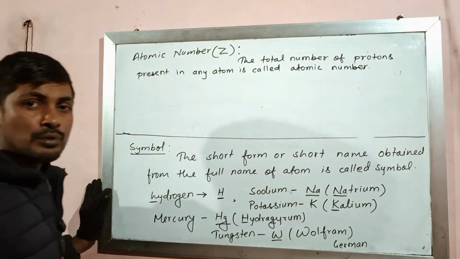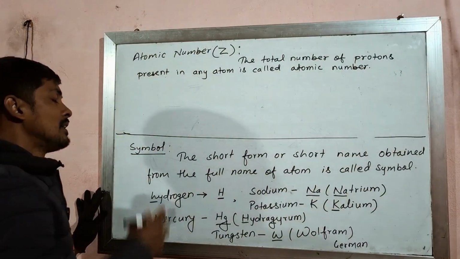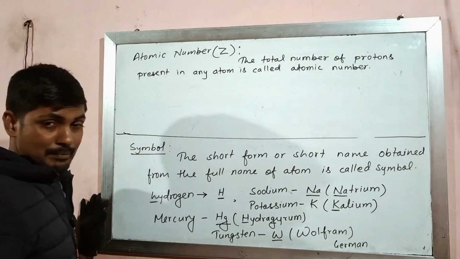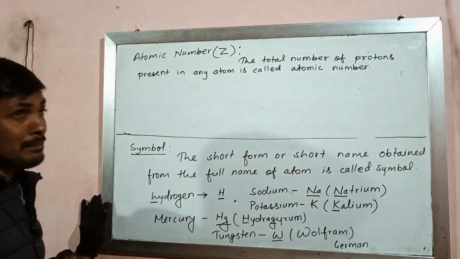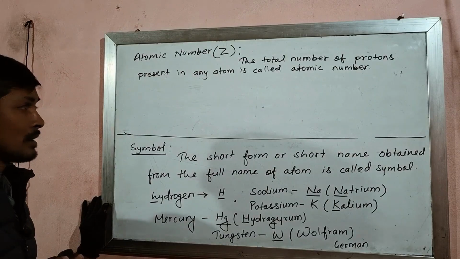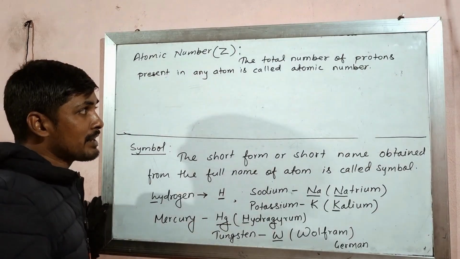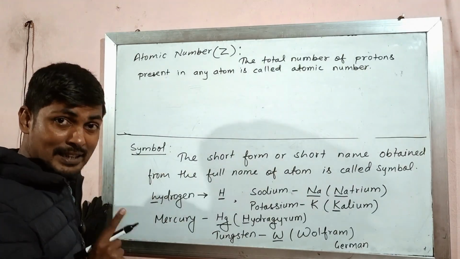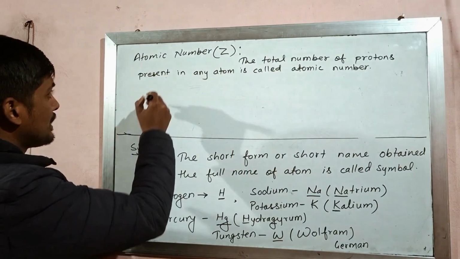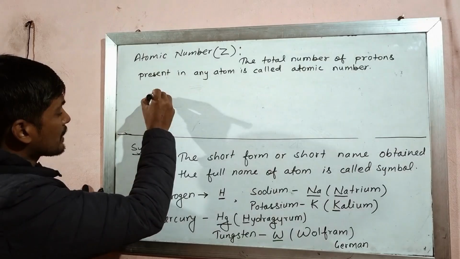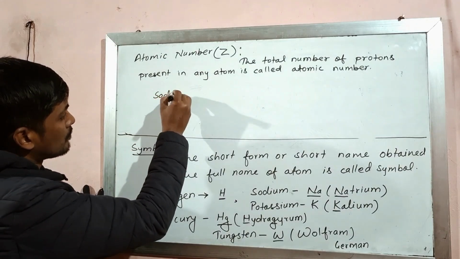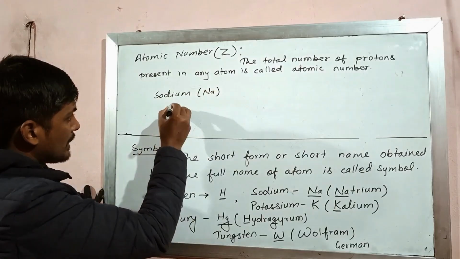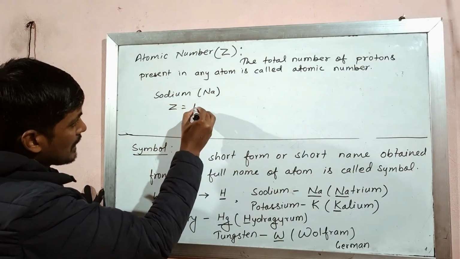Here one thing we have to keep in mind is that in every atom the number of protons and electrons are the same. So if we know the atomic number, then we can easily find the number of protons and electrons present in that atom. Suppose the atomic number of sodium, symbol Na, is Z equal to 11.